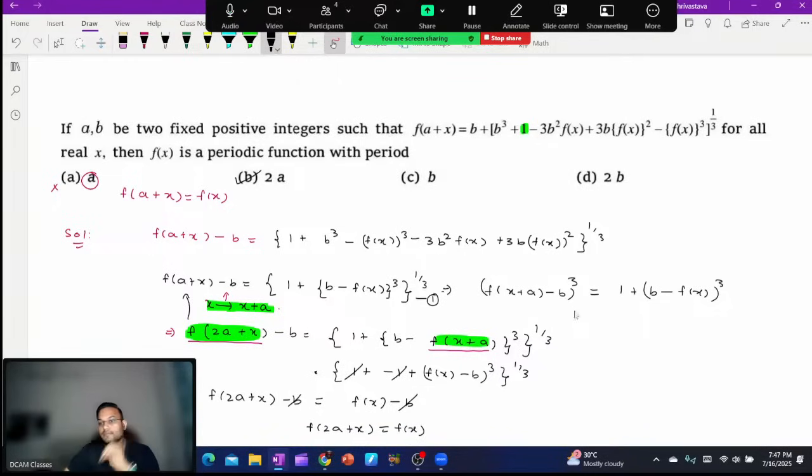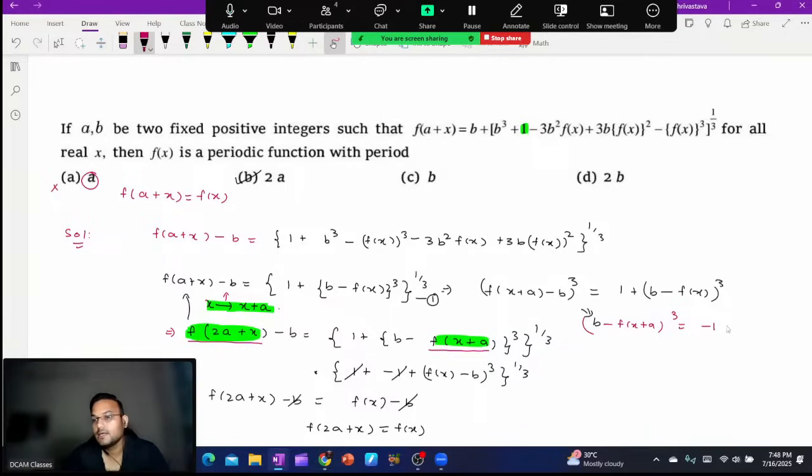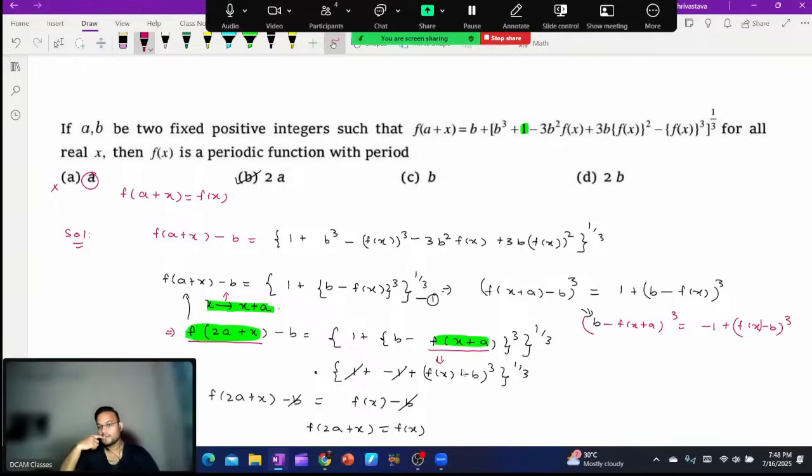So b minus f of x plus a whole cube will be equal to minus 1 plus f of x minus b whole cube. We have to multiply minus on both sides; I have taken the minus inside and then put it. That's why I substituted in this place. Then everything got cancelled.